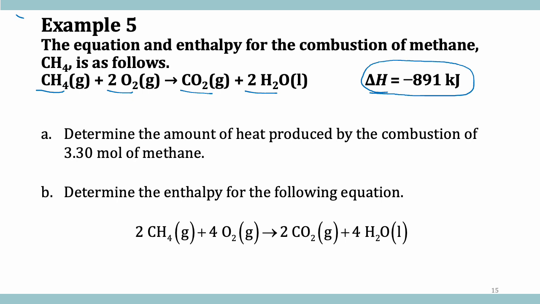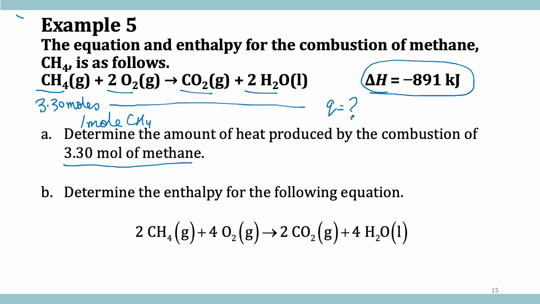Determine the amount of heat produced by the combustion of 3.3 moles of methane. What is my conversion factor? The question says I have 3.30 moles of this, and it's asking what is the heat that is produced. My conversion factor between moles and heat is, for every 1 mole of CH4, I need to go here.